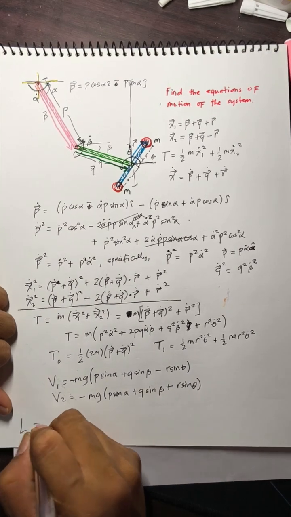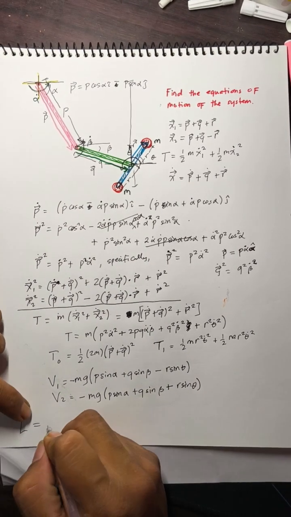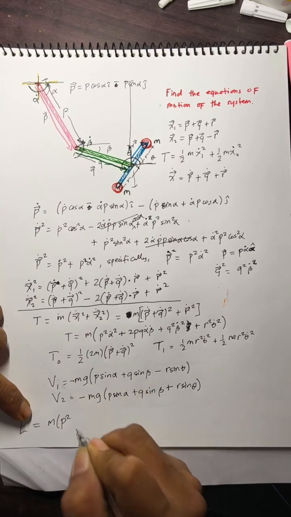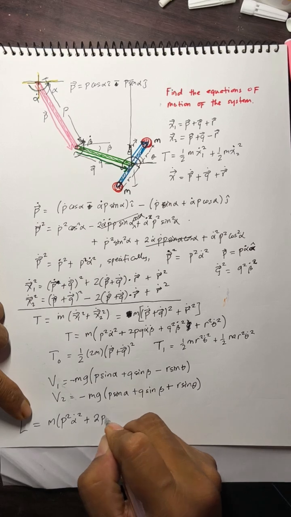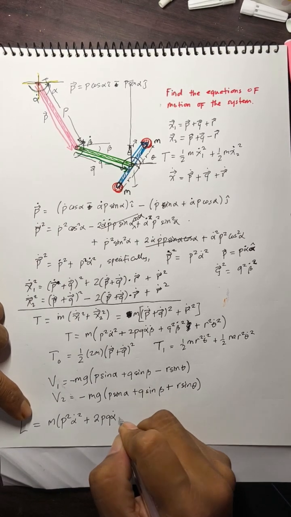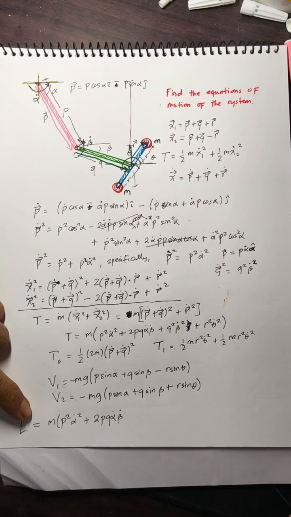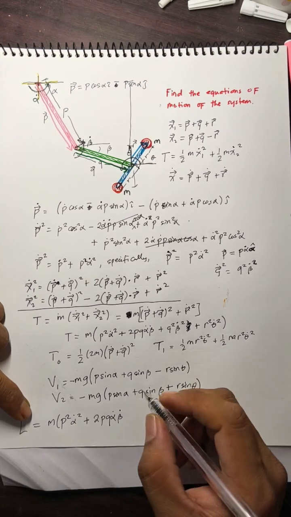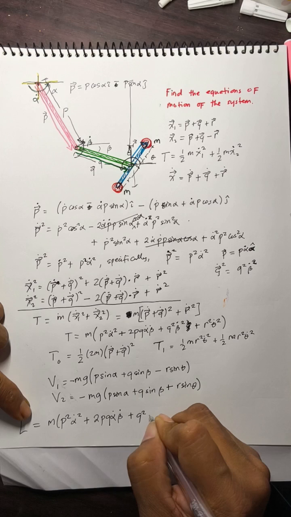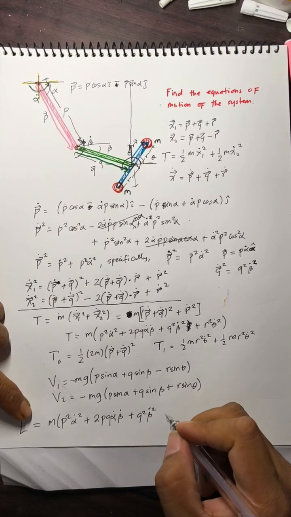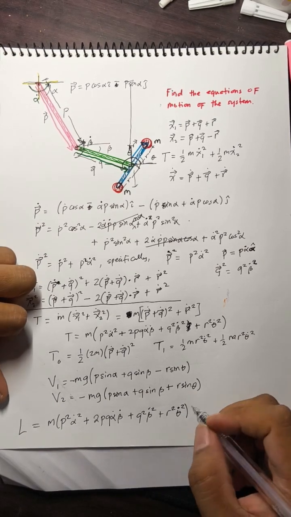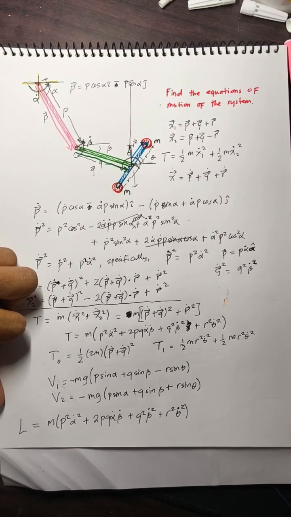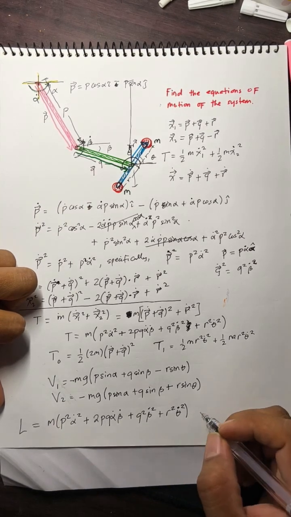So that we will now have our Lagrangian. We will have m times (p squared alpha dot squared plus 2pq alpha dot beta dot plus q squared beta dot squared plus r squared theta dot squared) minus V1 minus V2. How do we simplify this?